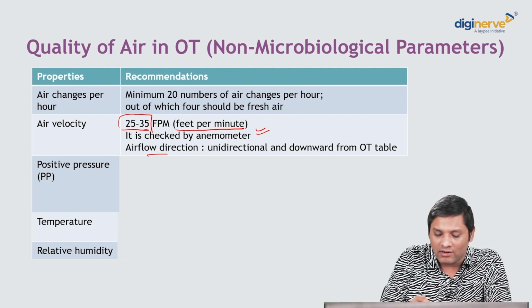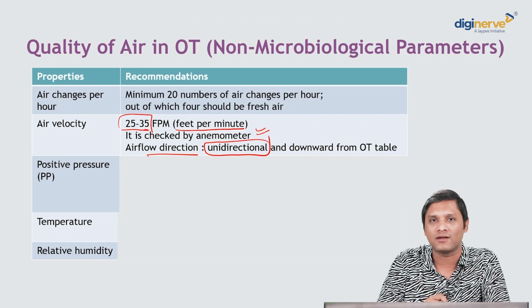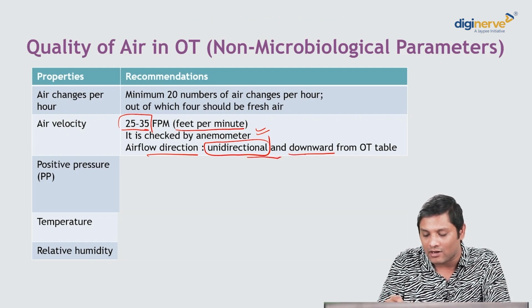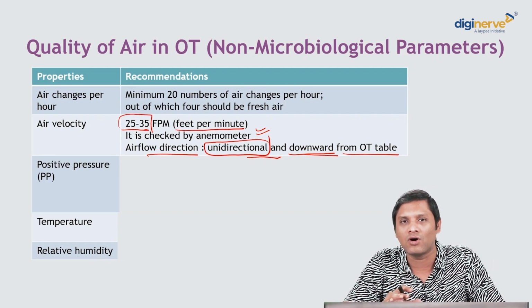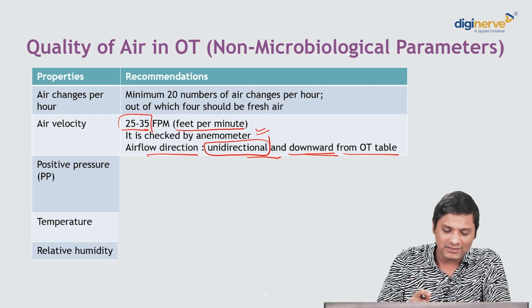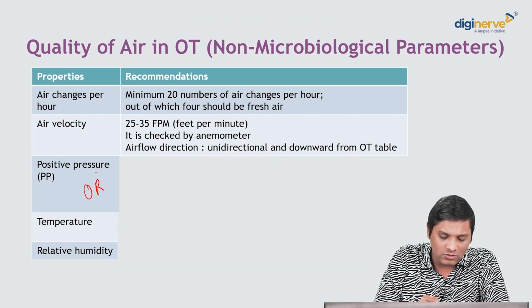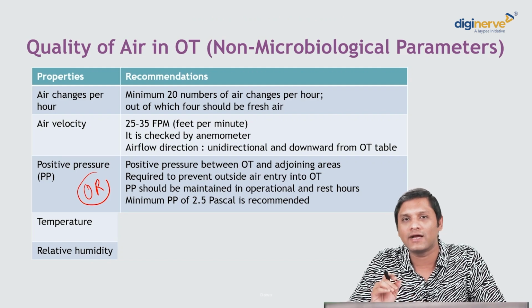And the airflow direction should always be unidirectional in the operation theater, and it is downward, from above the operation theater table. So that is how the airflow direction has to be. Next is positive pressure. They say that the operating room should have more pressure than the outside environment.